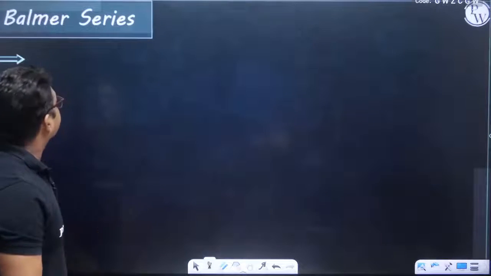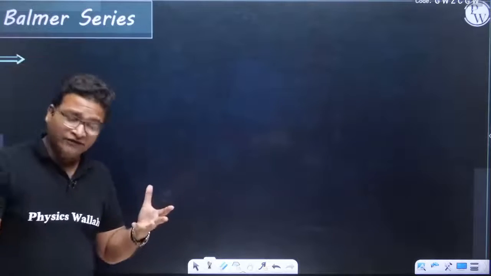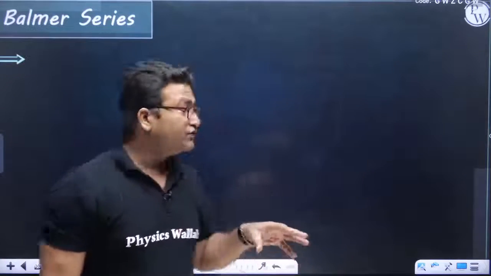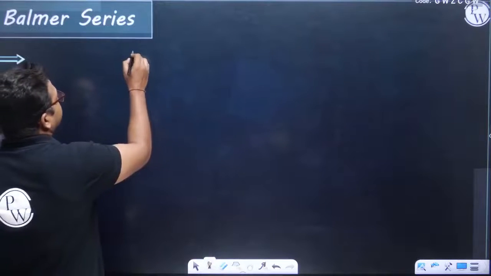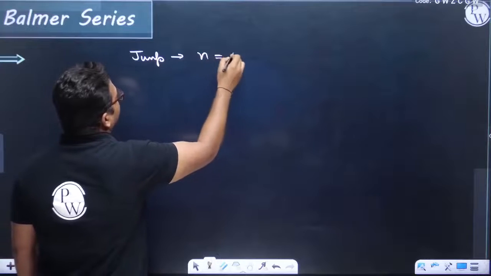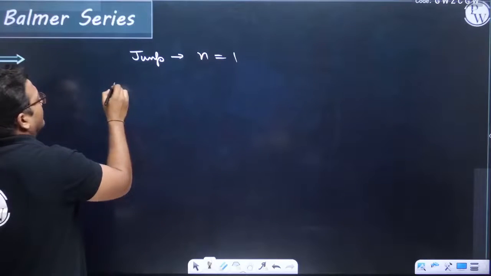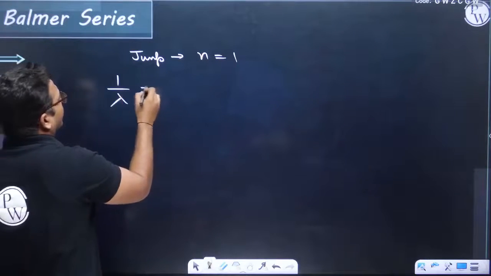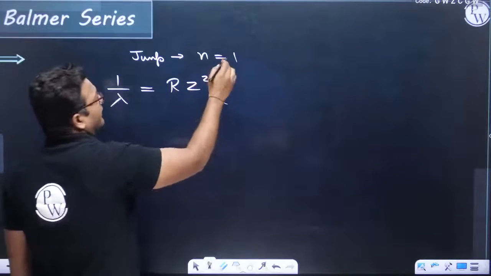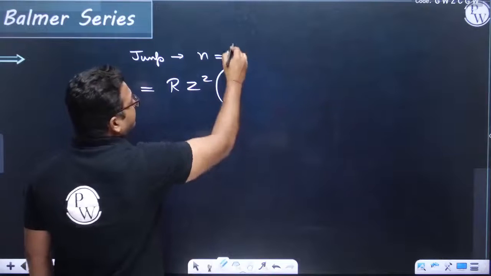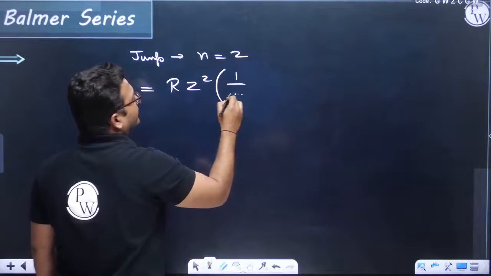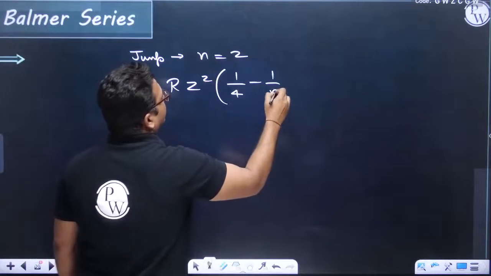If we talk about the Balmer series, it means jumping back into n equals 2, from any place. So the Rydberg formula gives you 1 by lambda equals R Z square, and as it is coming to n equals 2, so 1 by 2 square, that is 4, minus 1 by n square.